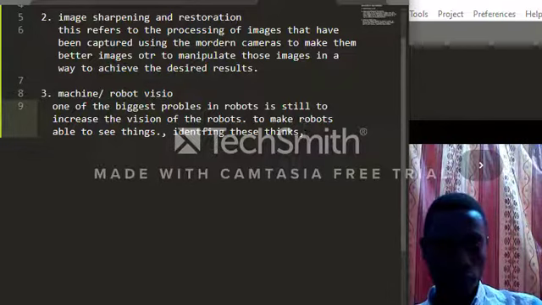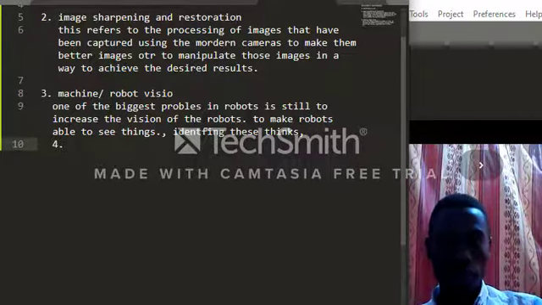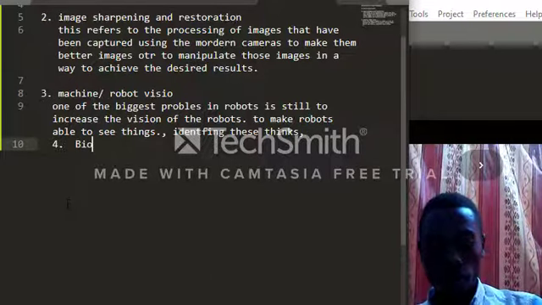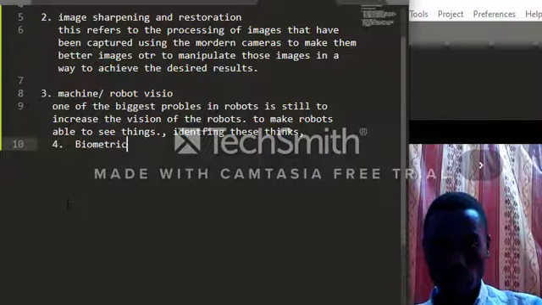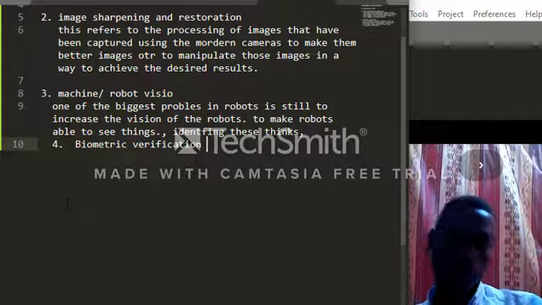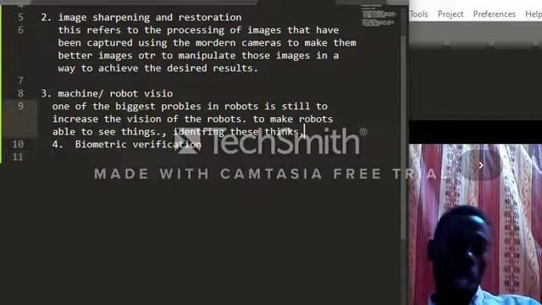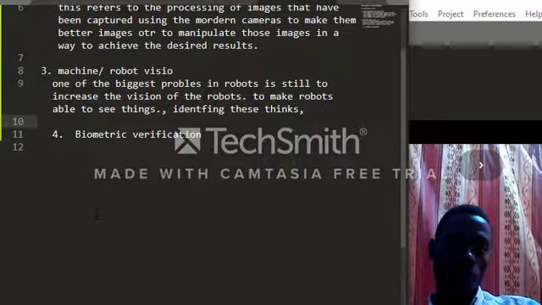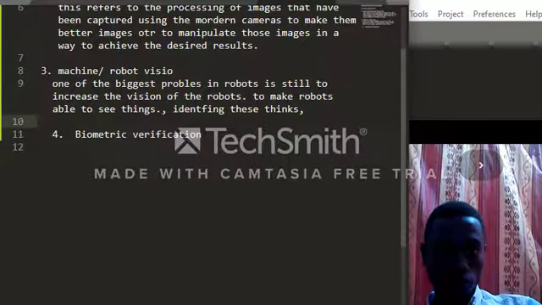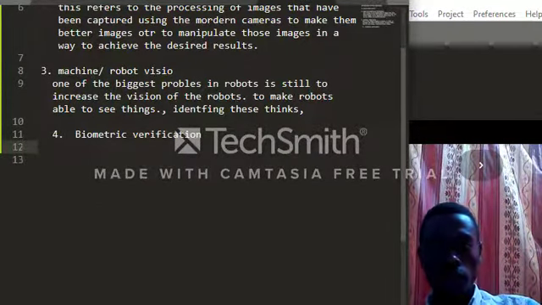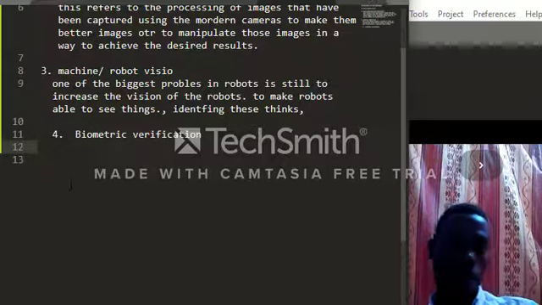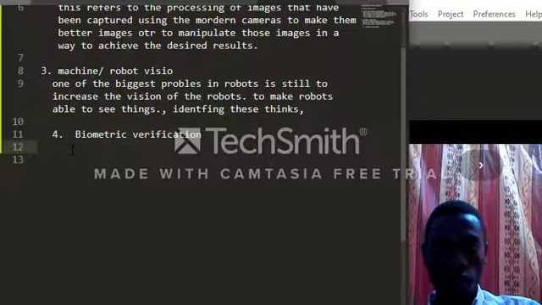So the fourth application is that image processing can be applied also in biometric verification. Biometric verification is all about using human characteristics like fingerprints and any other unique features on a human being.